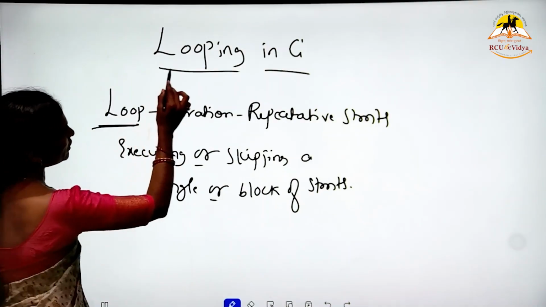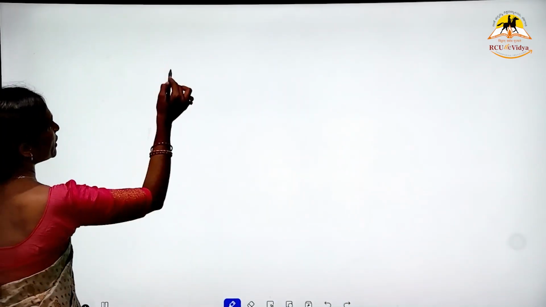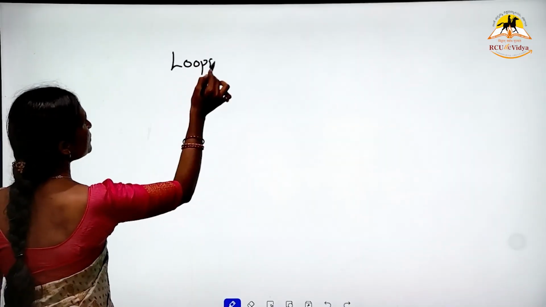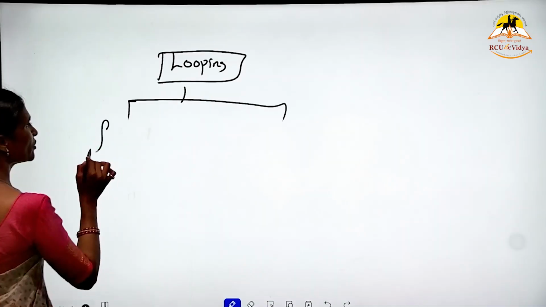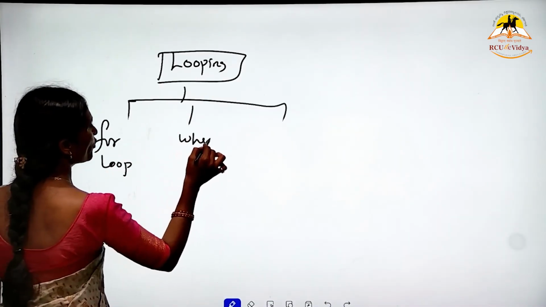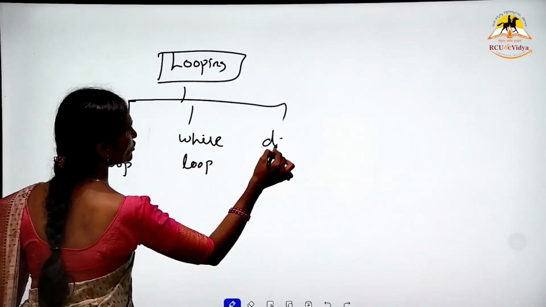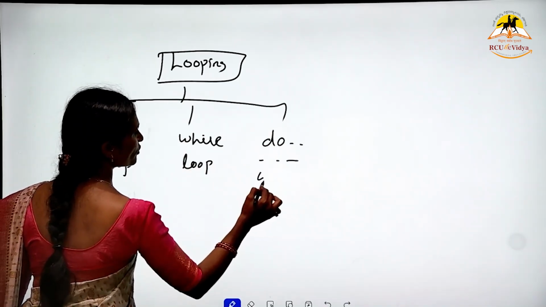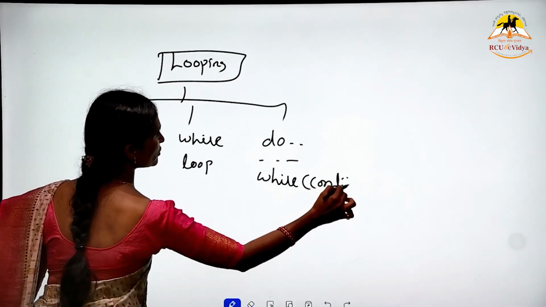When it comes to looping, there are three types of looping. If you classify the loops, they are the for loop, while loop, and do while loop.